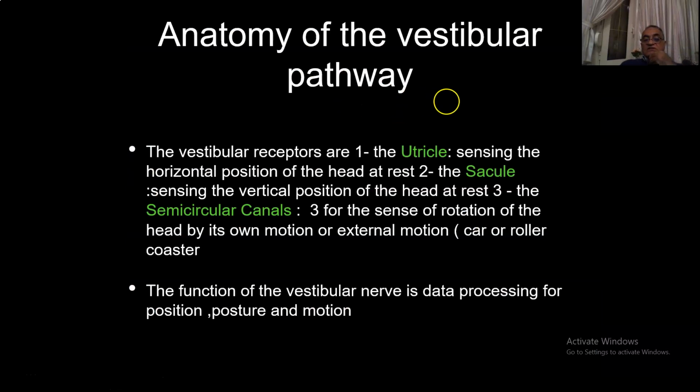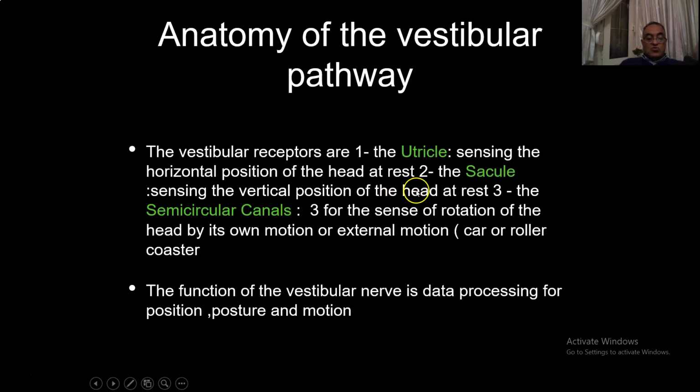The anatomy of the vestibular pathway: we talked about the vestibular nerve, now we're going to talk about the vestibular pathway. As we said, the vestibular receptors are the utricle, the saccule, and the semicircular canals. The utricle and the saccule are present in the vestibule, and they are responsible for the position of the head at rest. The utricle is responsible for the horizontal position of the head at rest. The saccule is responsible for the vertical position of the head at rest.